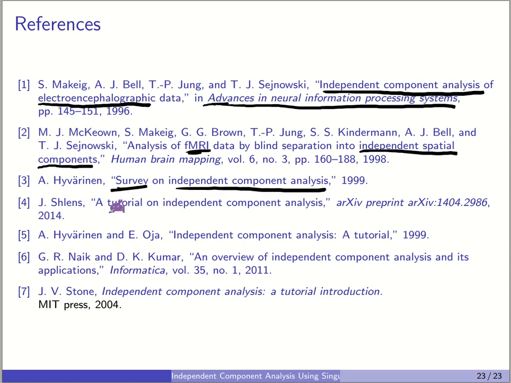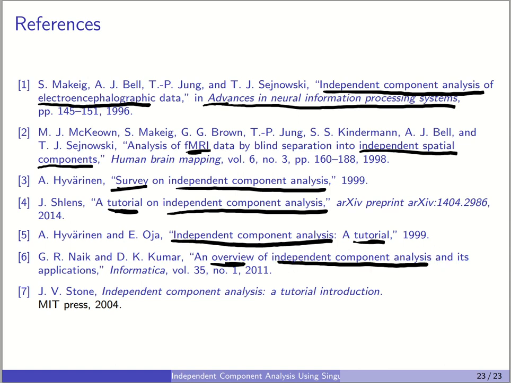The fourth is a tutorial on ICA. The fifth is another tutorial on ICA. The sixth reference is a survey on ICA and its applications. And the seventh is a book on ICA by MIT Press.